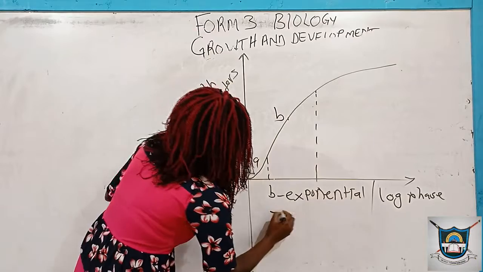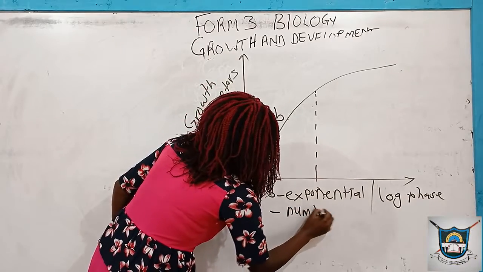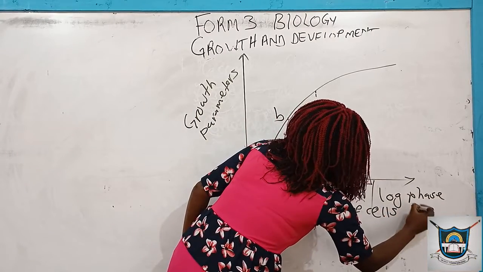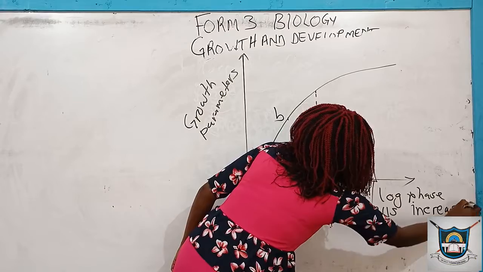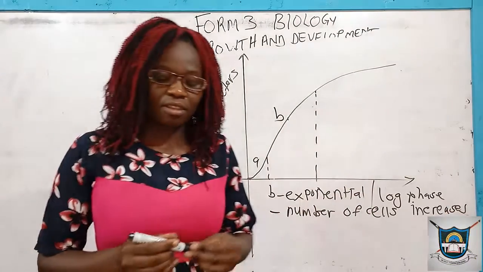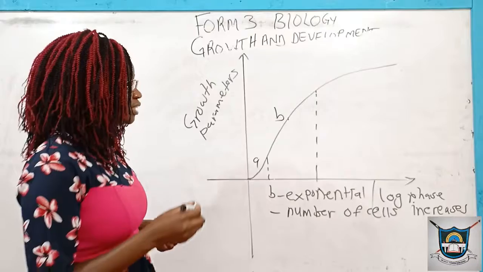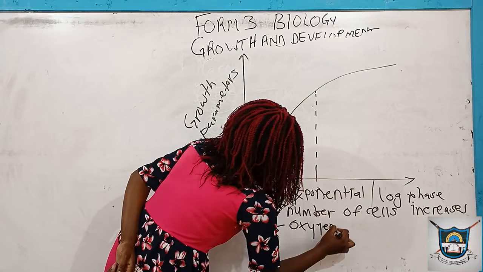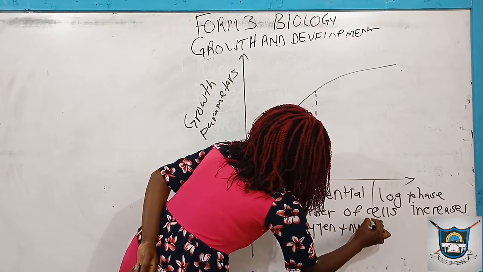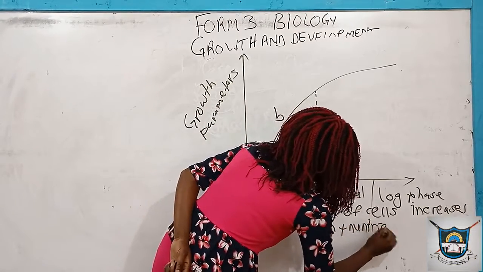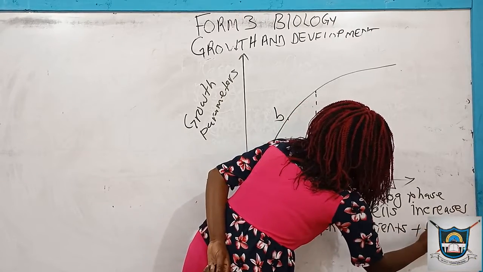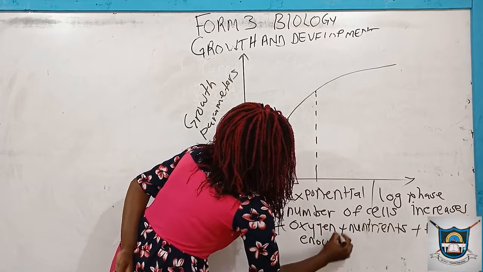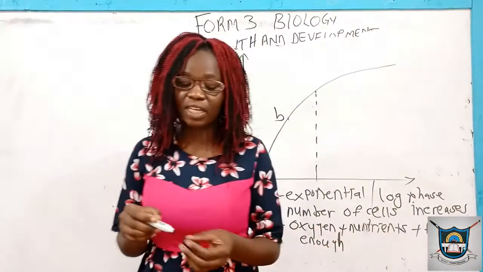One, the number of cells dividing has increased. Again, factors like nutrients and oxygen, plus other factors, are enough, and therefore there is no competition by the cells for such factors.